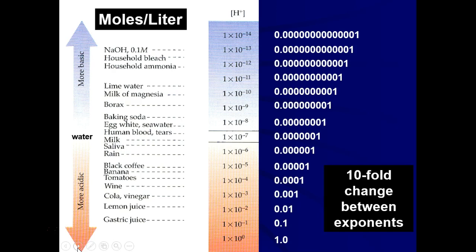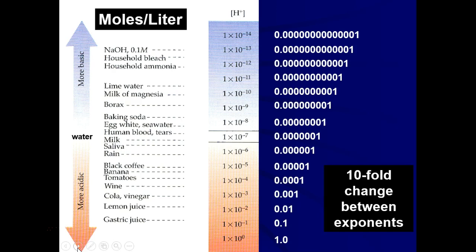Let's jump down to, let's say, a Coke. If you drink a Coke or a soda, you usually find that it has a hydrogen ion concentration of 10 to the minus 3. Now, if we think about that 10-fold difference, we can count it up. 10 to the minus 6 would be 10, 10 to the minus 5 would be 100, 10 to the minus 4 would be 1,000, 10 to the minus 3 would be 10,000.